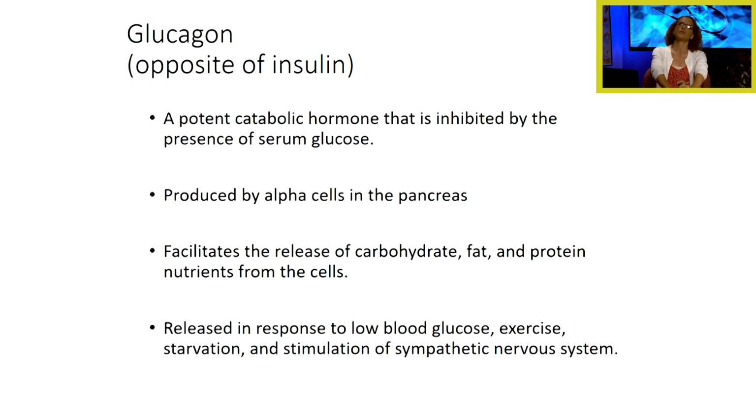So let's think about this for a second. When we are in fight or flight mode, and that is when our sympathetic nervous system is being stimulated, it makes sense that we would probably need to have more circulating glucose. Why? Because we want our muscles to be able to function at their best, right?